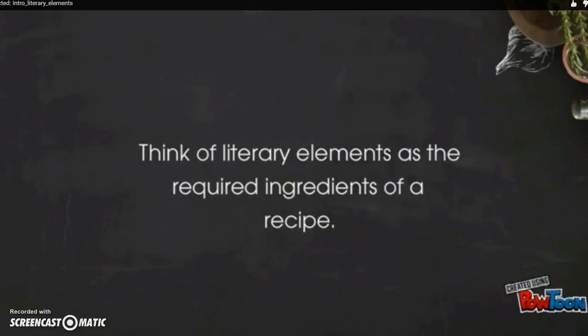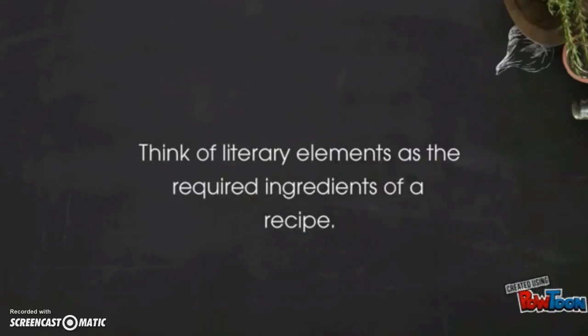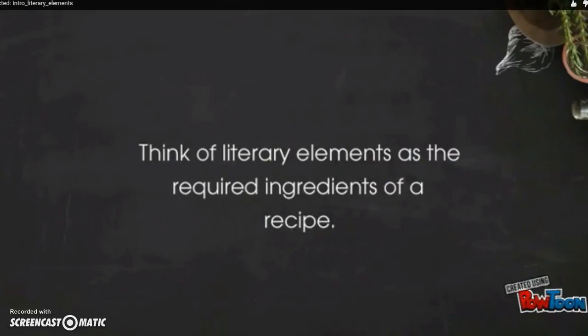So we are going to be introduced to these 9 literary elements. What I'd like for you to do is this. You have your workbook that I've given you, and it has the definitions in the workbook. You are going to watch this video. It's going to introduce you to the definitions of each of those 9 literary elements.